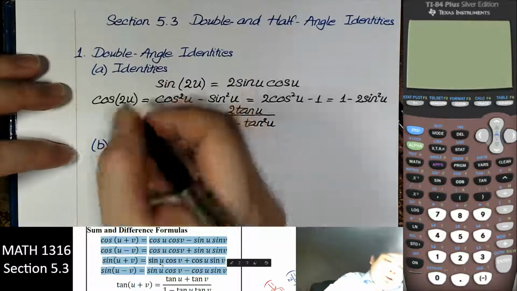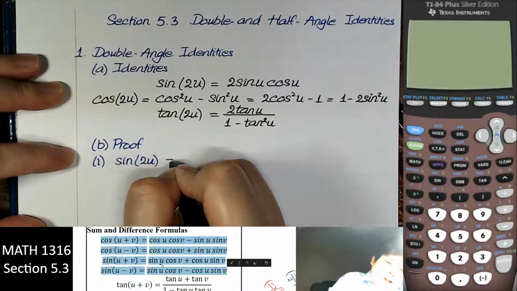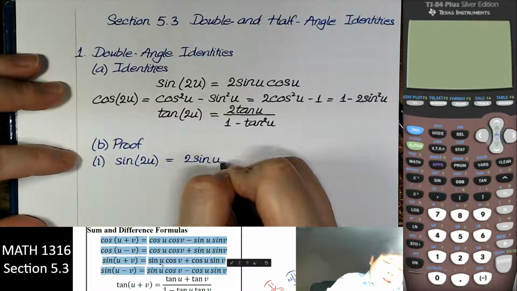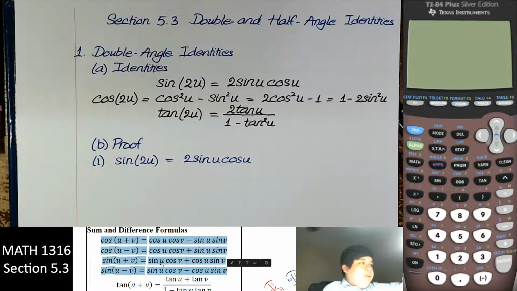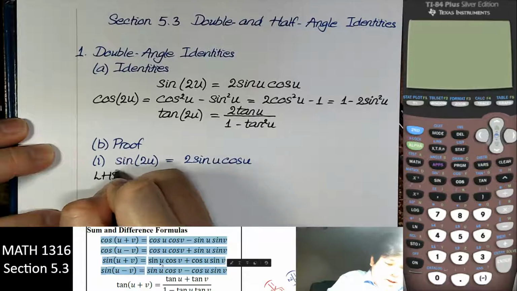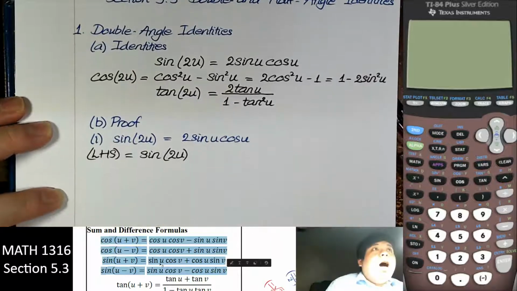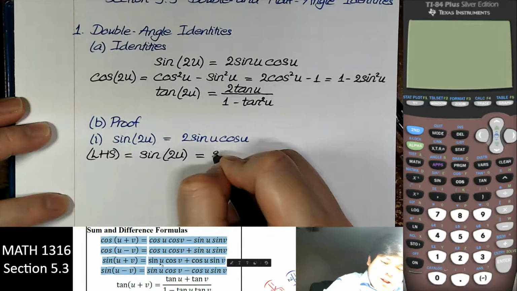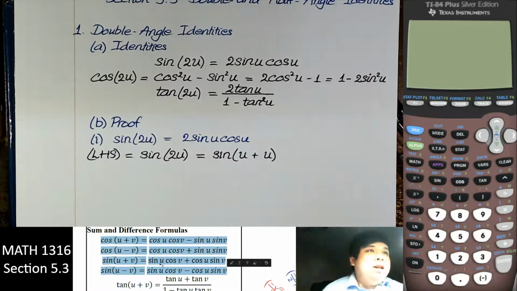So first, let's prove sine of 2u equal to 2 sine u cosine u. Right. So we start with the left hand side here. Sine of 2u. How to get 2u? We just do u plus u. It's very simple.